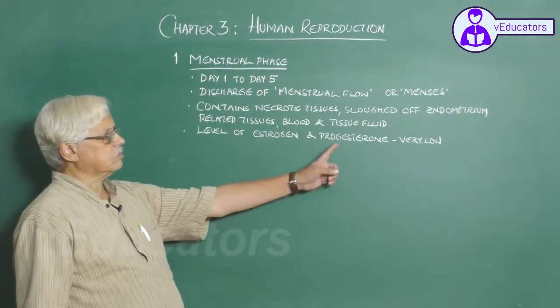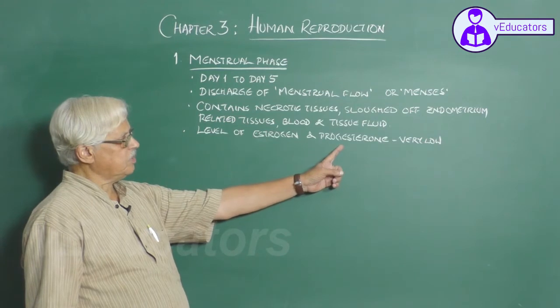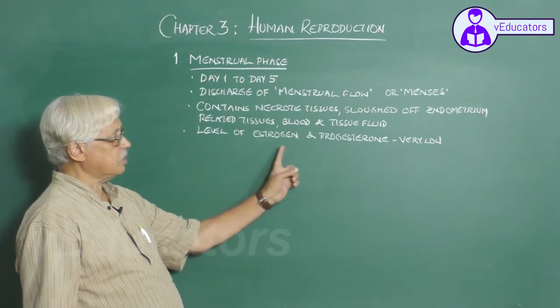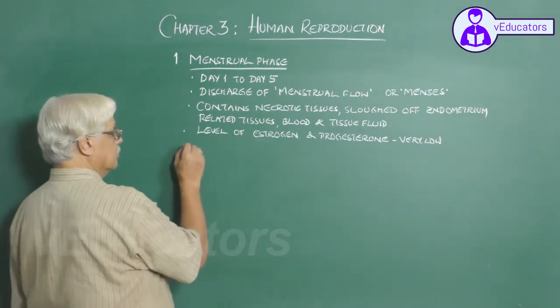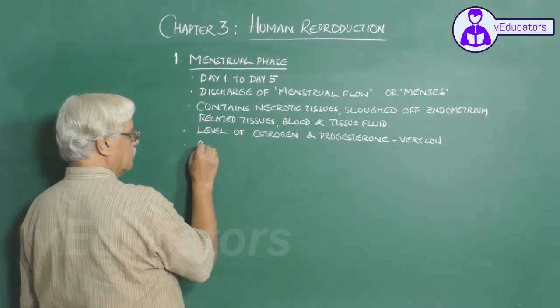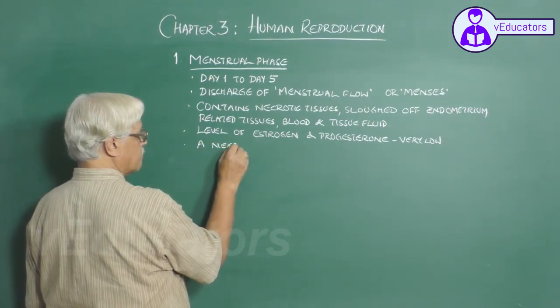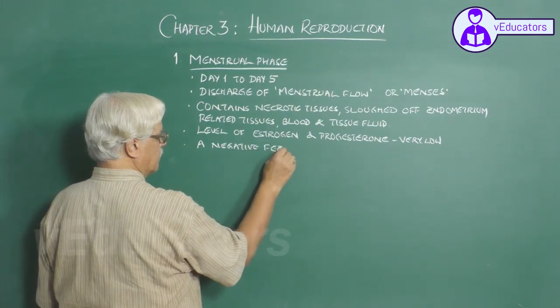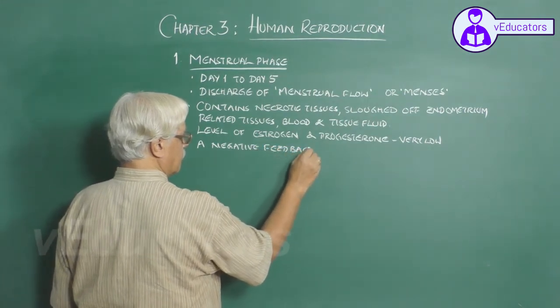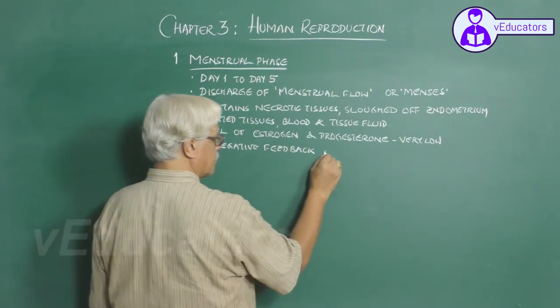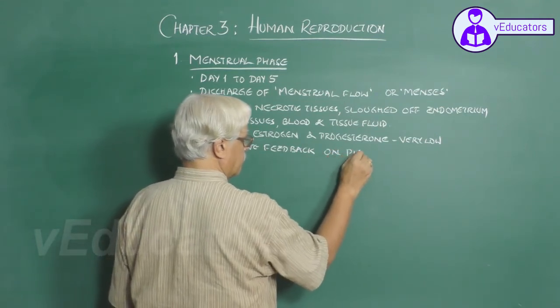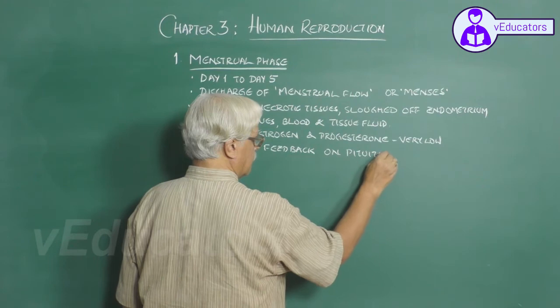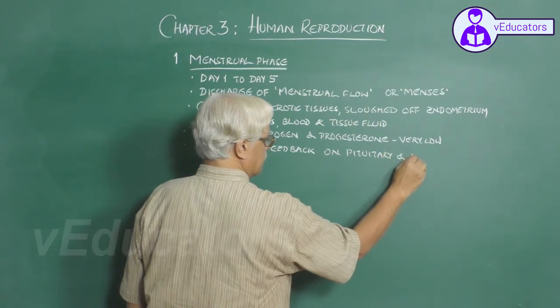And this decrease in the concentration of estrogen and progesterone will have a negative feedback, and this negative feedback will be operating on pituitary and hypothalamus.